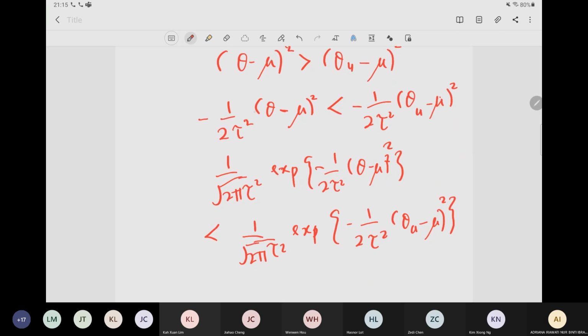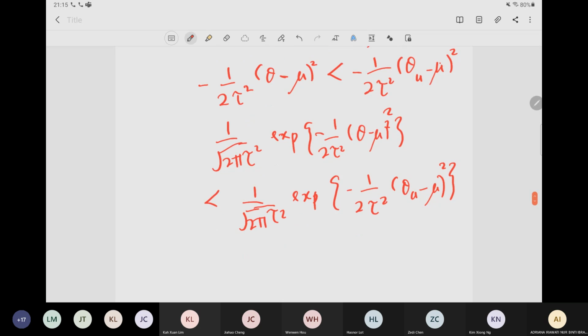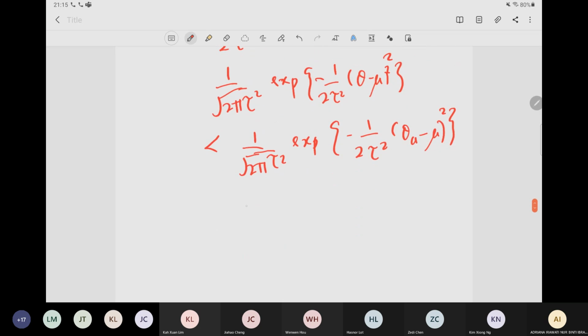Exponential a is still less than exponential b. And the constant doesn't affect the sign either. So this is your posterior at theta, which is less than the posterior at theta U.